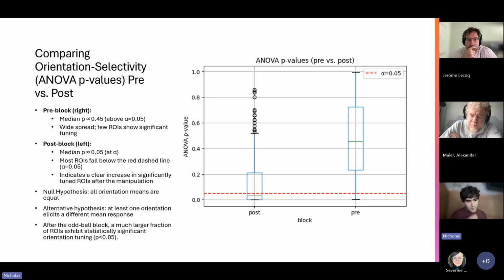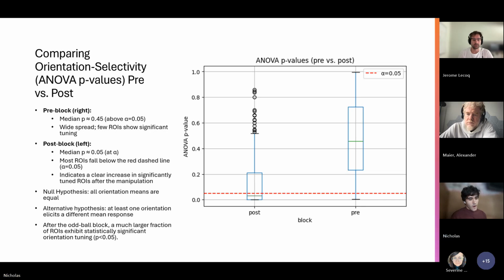So if I were to summarize what is the main takeaway from this, I would say that after the oddball block, we're seeing more reliable tuning, and we're seeing clear orientation tuning.